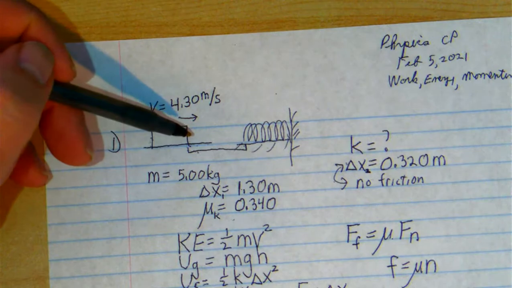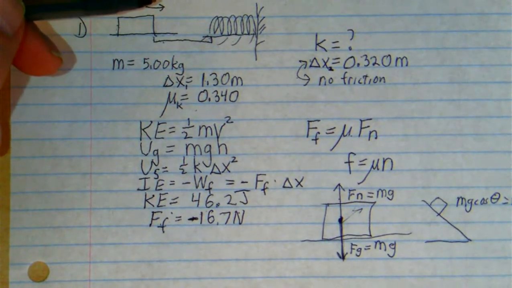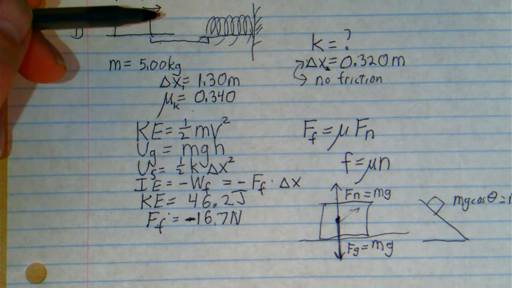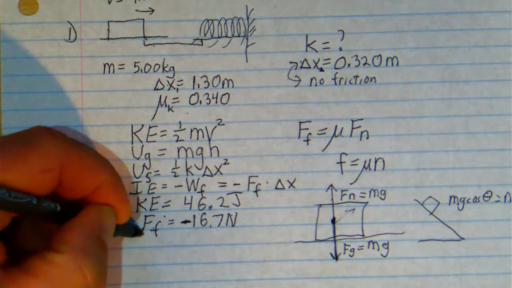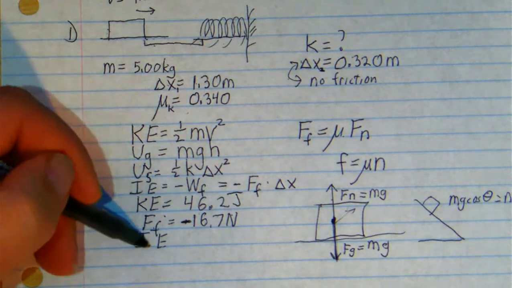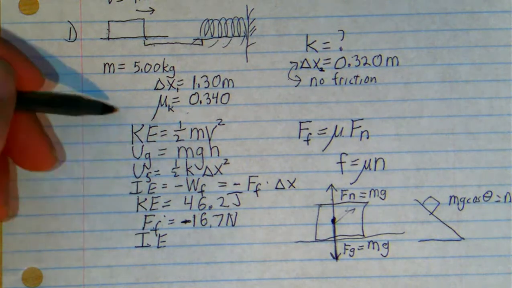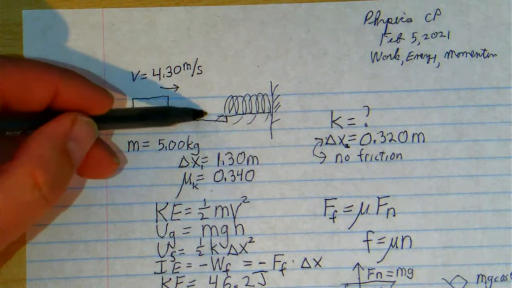Now what? Okay, so I asked my students, what now? And their learned response was, oh, we should calculate the internal energy, which is the negative of the work done by friction in trying to stop this block from sliding.